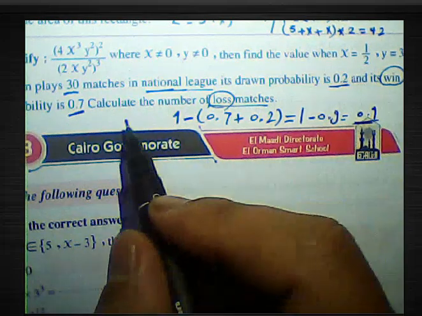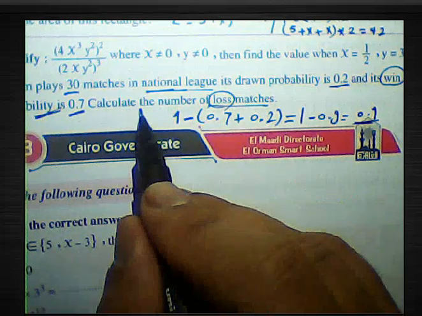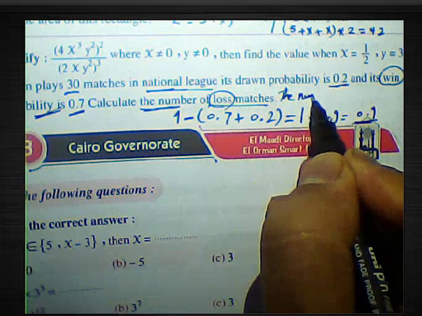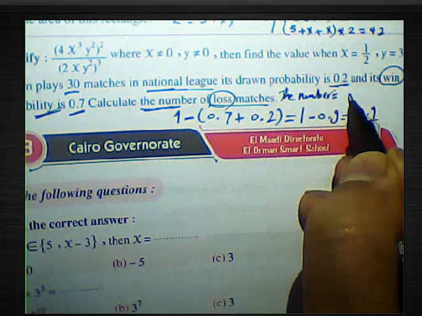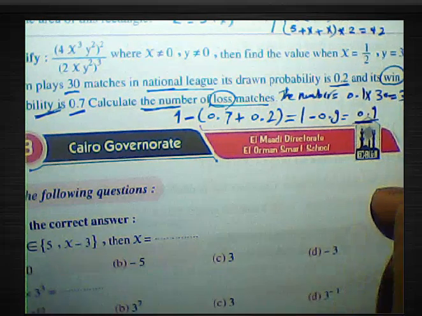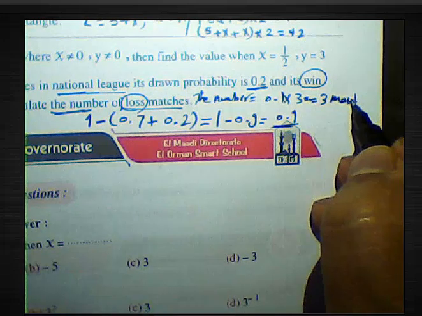It's the probability of what? Of losing. Then the number of losing matches will be equal 0.1 multiplied by the total matches 30, it was 3 matches.